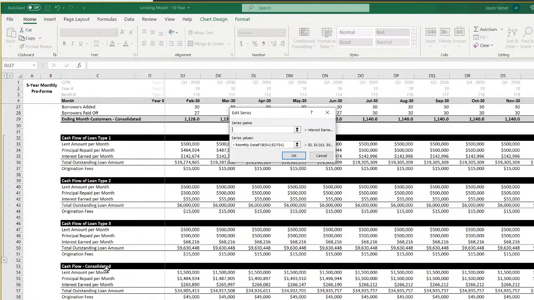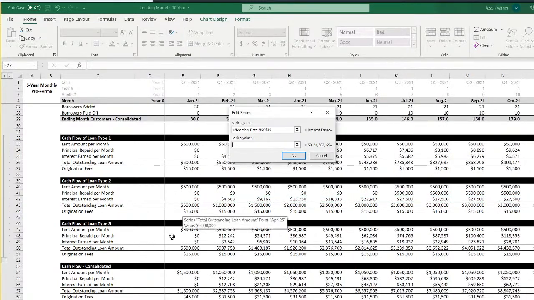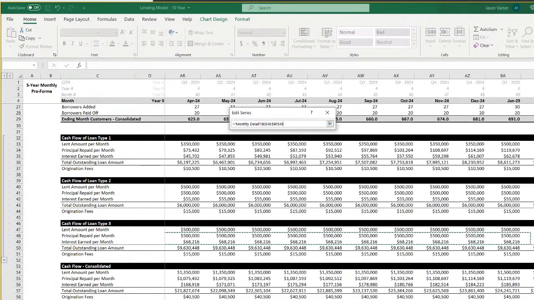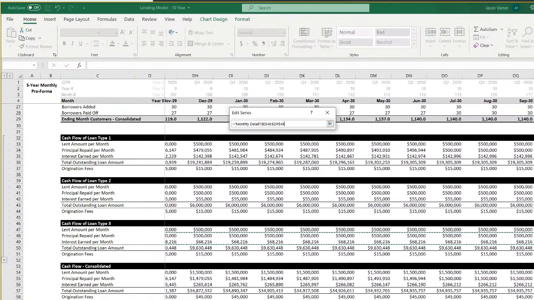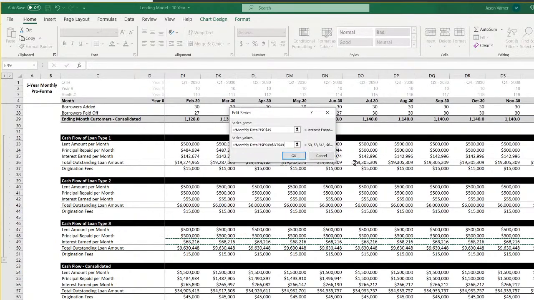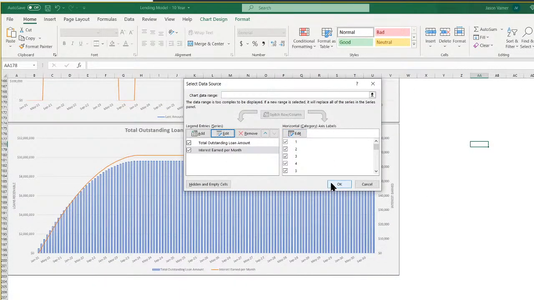Outstanding interest earned. Got the months in there.